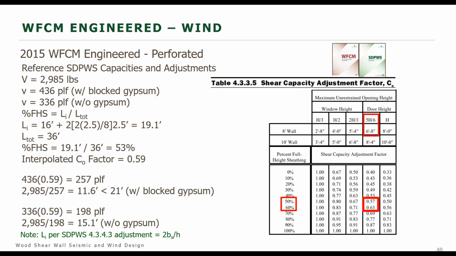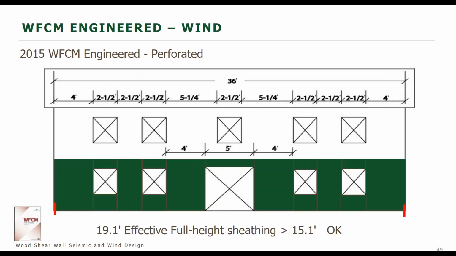If we're again neglecting the contribution of the gypsum, we do the same calculation with a lower capacity wall, so 336 pounds per lineal foot times the C sub o gives us a capacity of 198 pounds per lineal foot. So we need 15.1 feet of full height sheathing without the contribution of the gypsum.